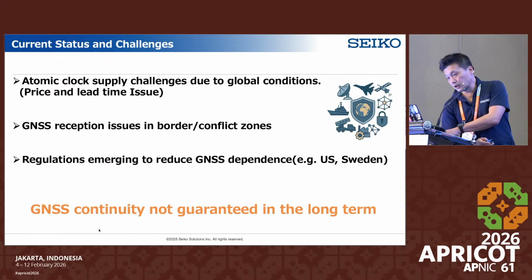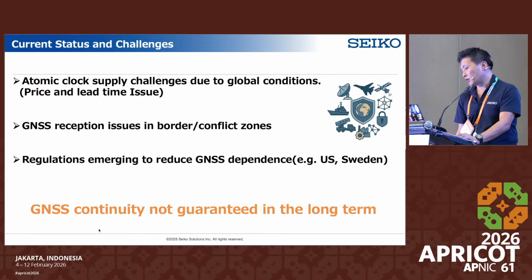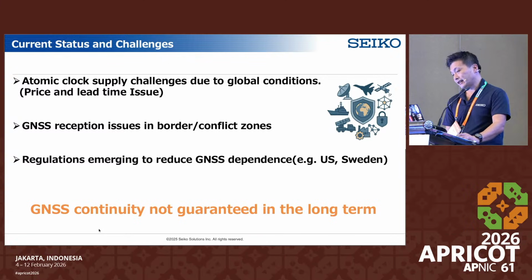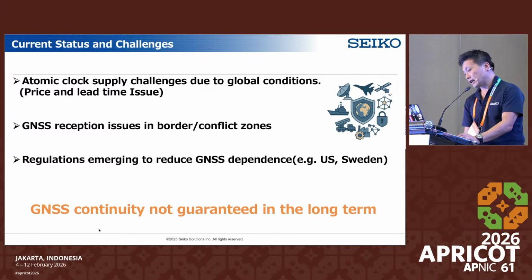Okay, now let's look at some of the current challenges. First, the supply of atomic clocks is becoming more difficult due to global conditions, which affects both price and lead time. Second, GNSS reception is increasingly unreliable in some regions, especially near conflict zones.